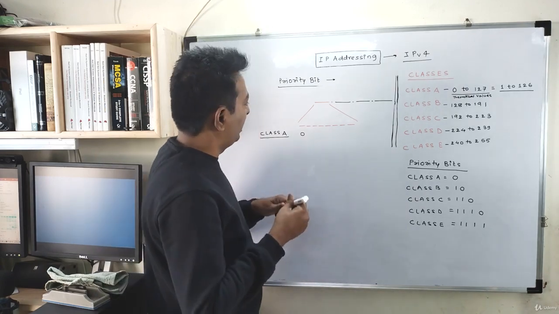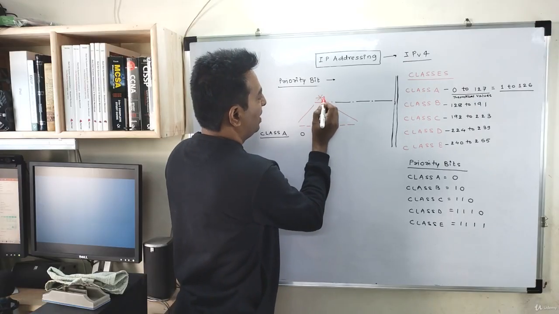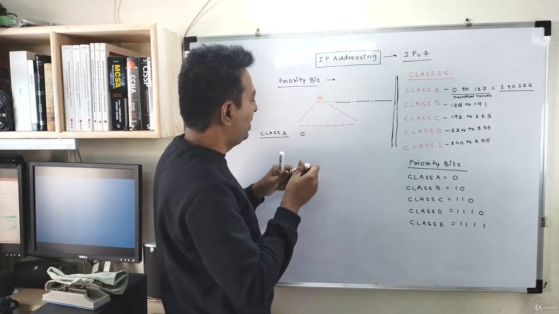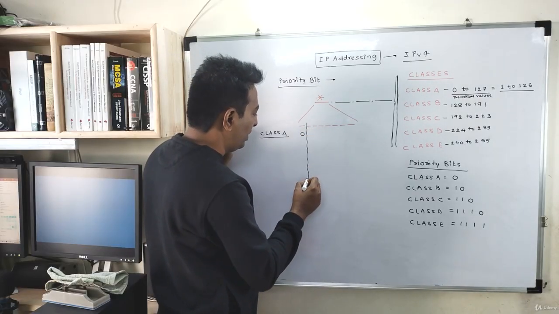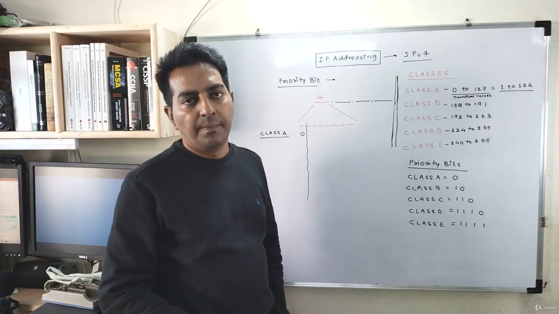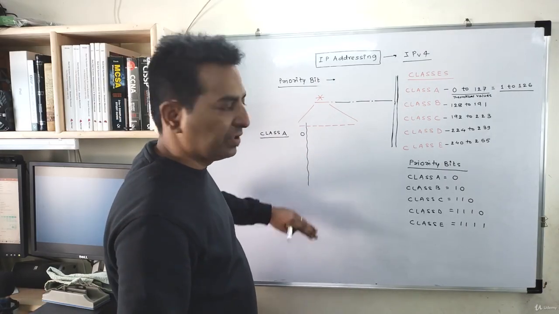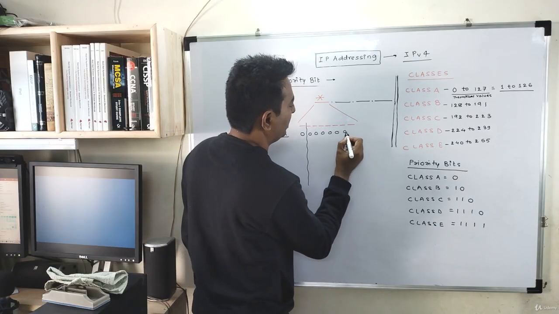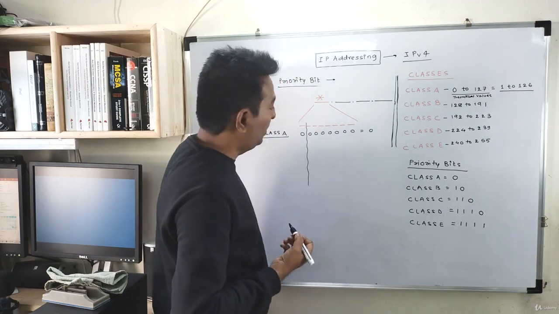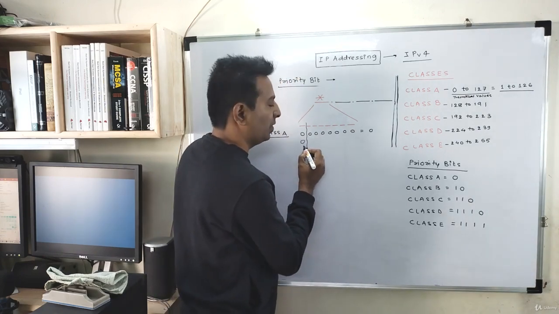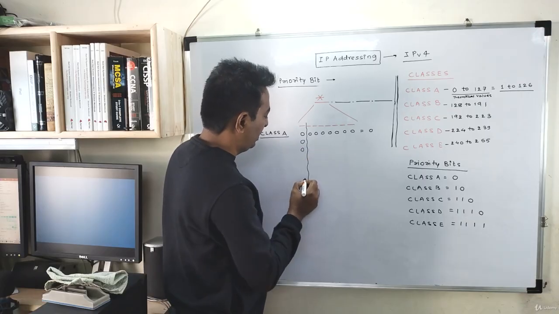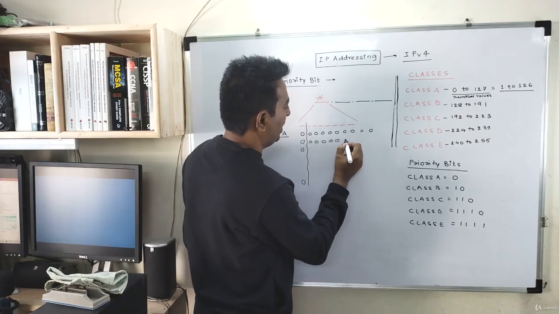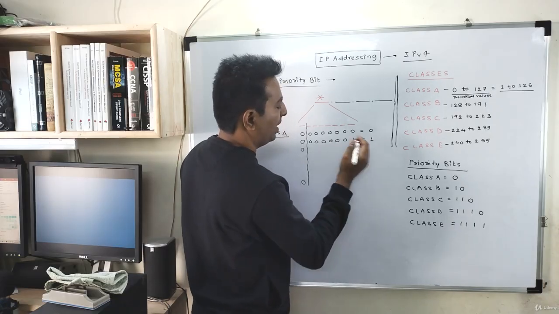Consider I have an IP address, the first field, and this is of 8 bits. If I say class A has a priority bit of 0, it means this bit is not going to change throughout the range. Now if I make all these bits 0, this is decimal 0. It is 0 throughout the range. If I want to increment the value by 1, it is decimal 1. Now I want 3.